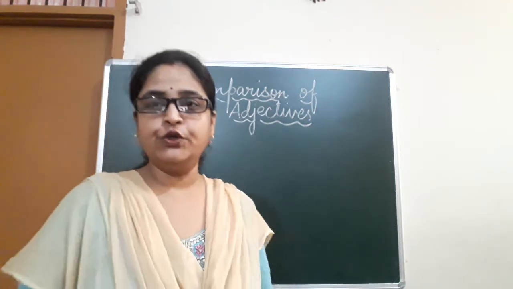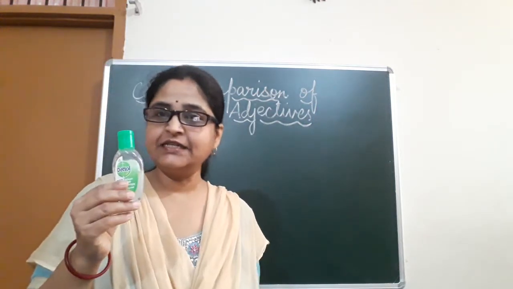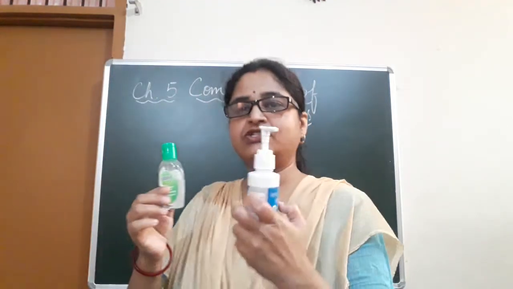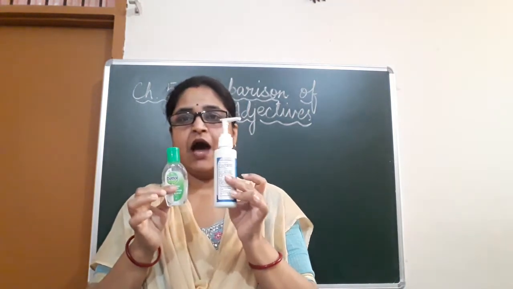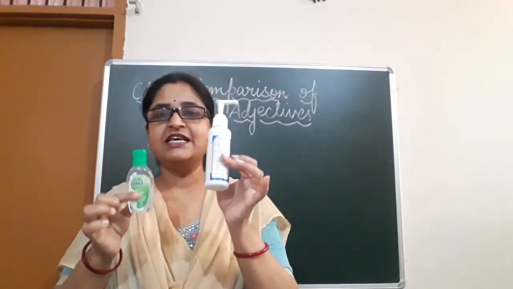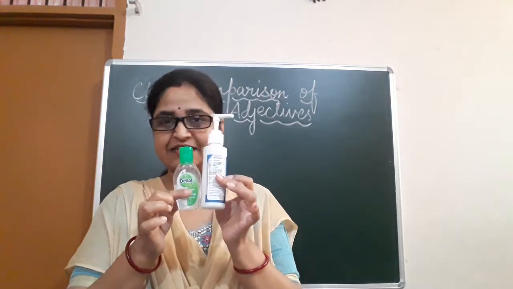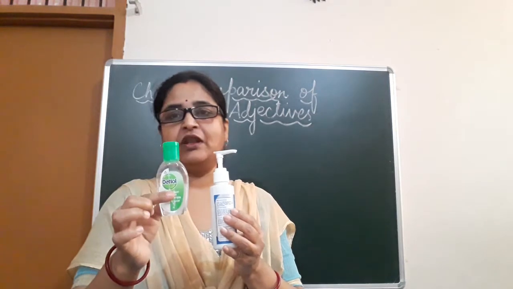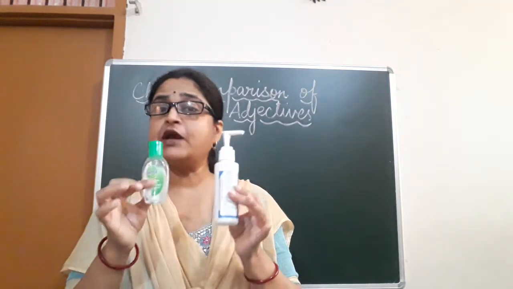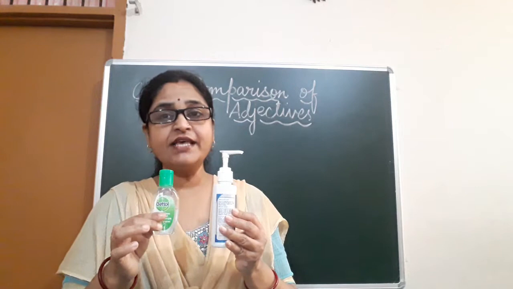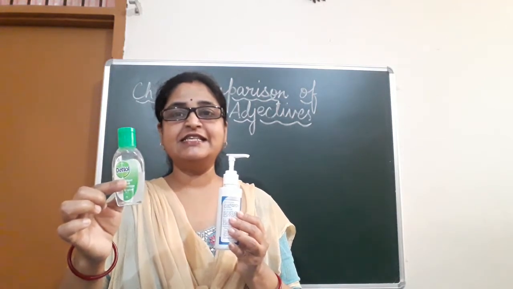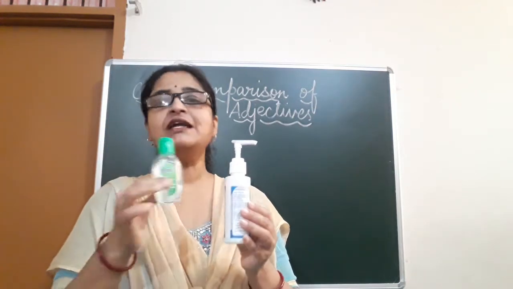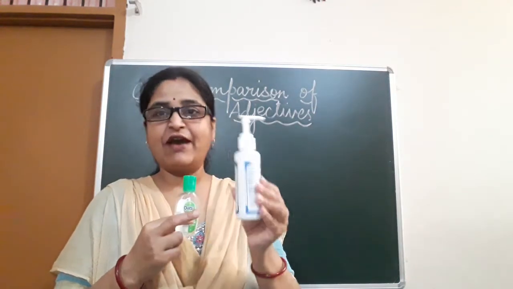I'll show you. This is a sanitizer. It is a small bottle of sanitizer. It is also a sanitizer. Now this sanitizer is smaller than this, isn't it? It is a big one, it is a small one. So you can say the sanitizer in the green bottle is smaller than the sanitizer in the white bottle.